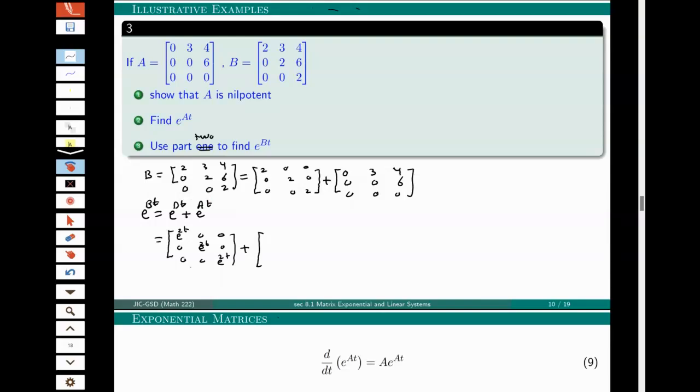E to the power at, we found it in the previous step, which was 1, then 3t, then 4t plus 9t squared, and that is 0, 1, 6t, and that will be 0, 0, 1.